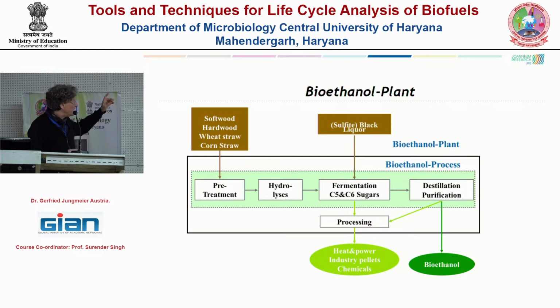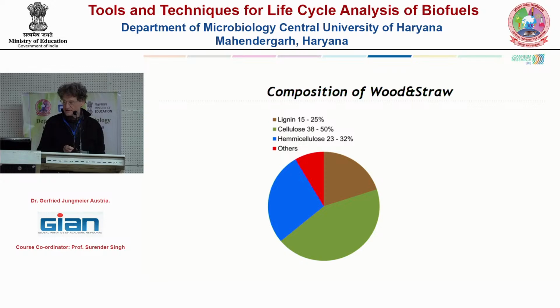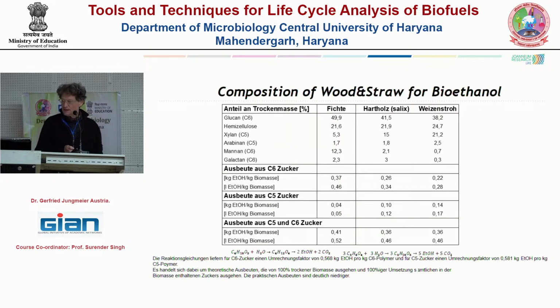As I mentioned before, with the black liquor from pulp and paper production, depending on their specific process, you might also use the sugars from the black liquor, and afterwards you can still use the black liquor for electricity and heat generation. I told you about the example we have in Austria. You know the composition of wood and straw, and how much sugar you can make from different lignocellulosic materials, from beech, from hardwood, or from grain straw.